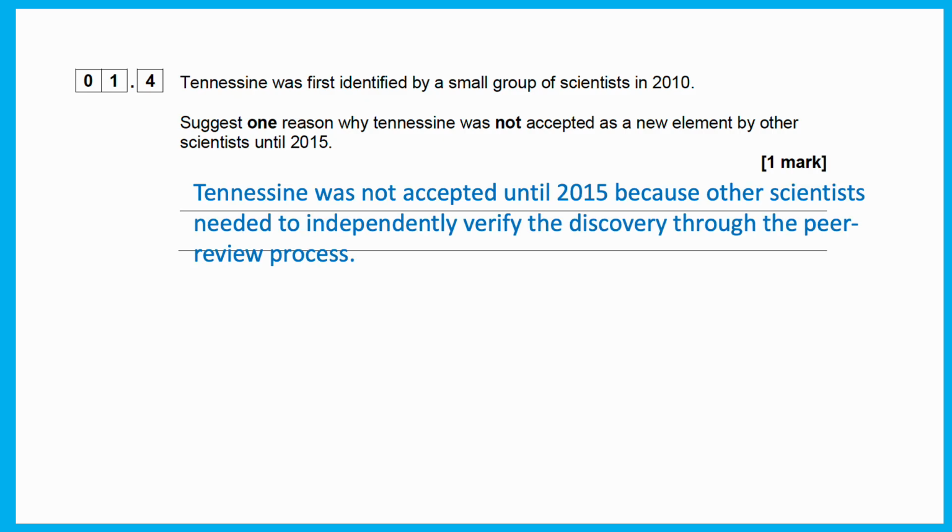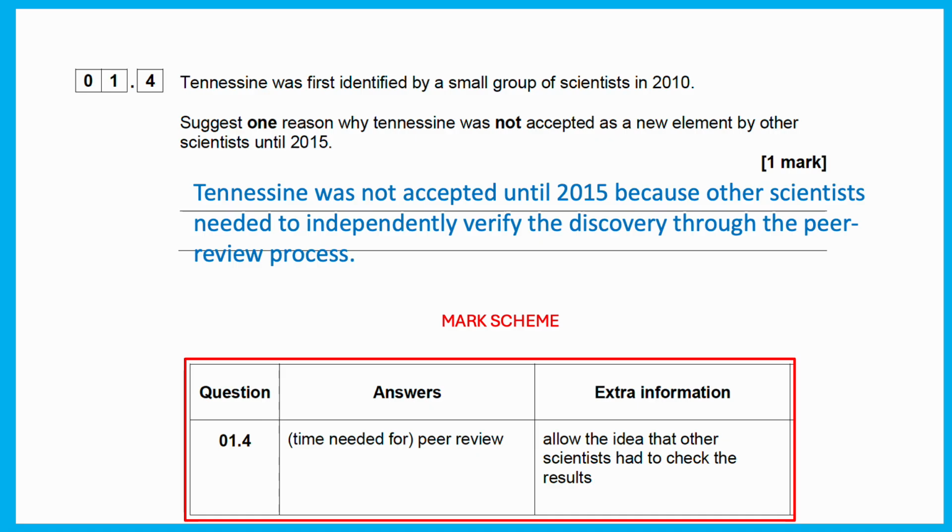This involves other scientists independently verifying the results to ensure the data and methods used were accurate and reliable before accepting it as a new element. So the answer is: tennessine was not accepted until 2015 because other scientists needed to independently verify the discovery through the peer review process. The answer aligns with the marking scheme.